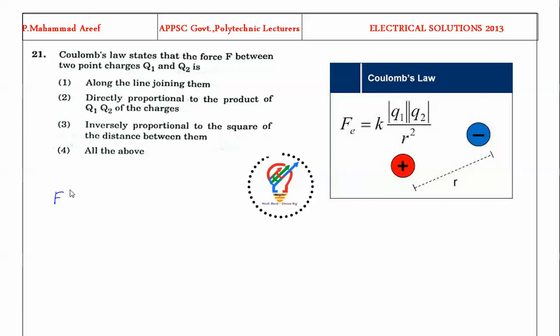So from this we can write it as F is equal to K into Q1 Q2 divided by R square. So this is the formula here. So from that, all of the above is the right option for this question.